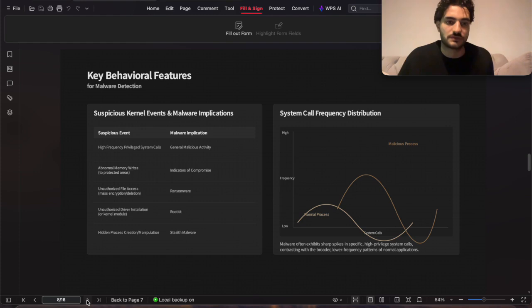Key behavioral features: suspicious kernel events and malware implications.